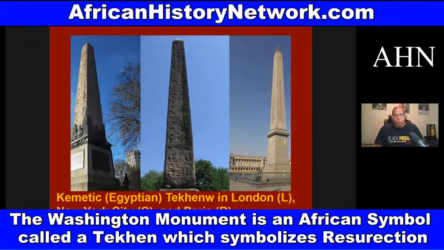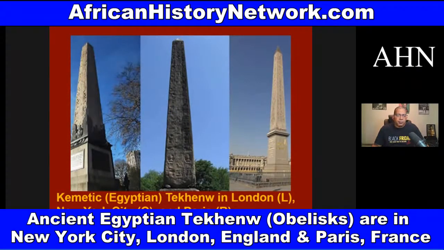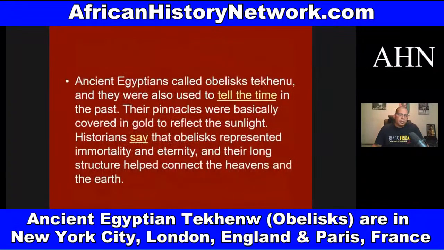There was a good article from face-to-faceafrica.com that deals with the Tekkens and the Tekkenu in London and New York City and Paris, France, because these Tekkenu were taken throughout the world. Ancient Kemetic people called obelisks Tekkenu, and they were also used to tell time in the past. Their pinnacles were basically covered in gold to reflect the sunlight.